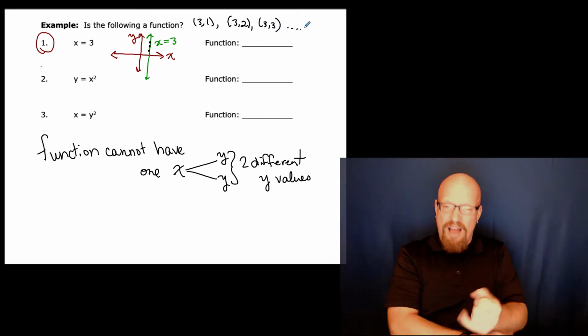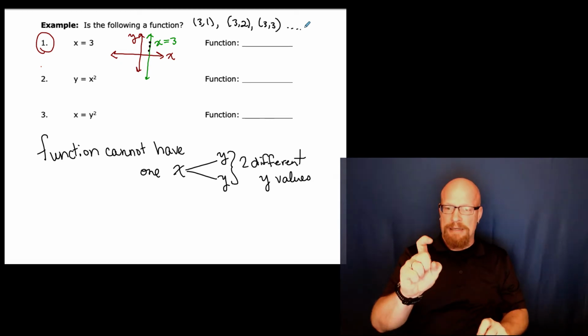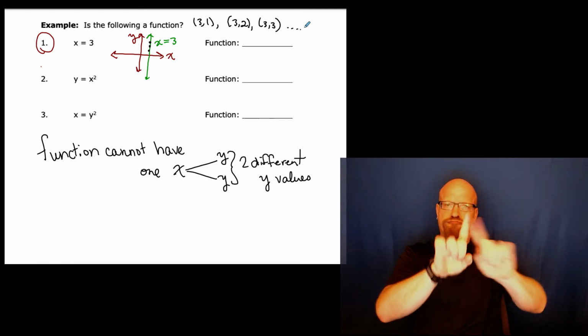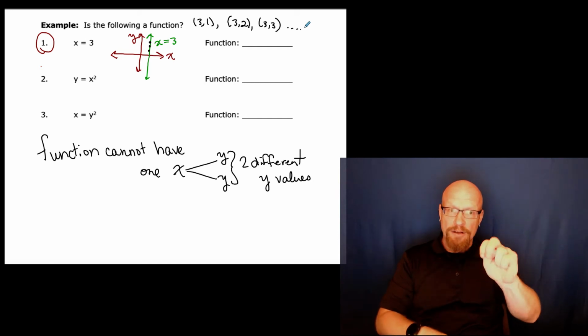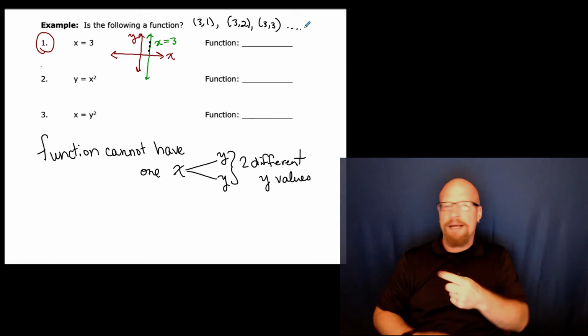So, this line, all the points are on this line. X always equals 3, and y has many different answers. So this is not a function.